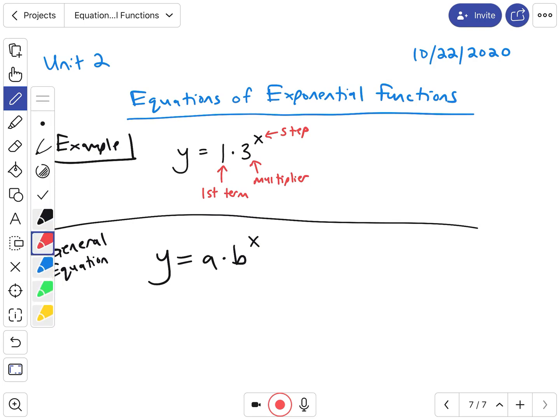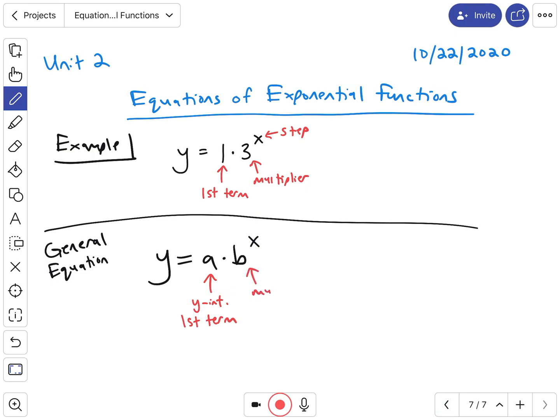And you're always going to have two numbers you're going to think of, where this is the y-intercept, or the first term, how many people are there in the beginning. There was one person in this case. And then you got your multiplier.